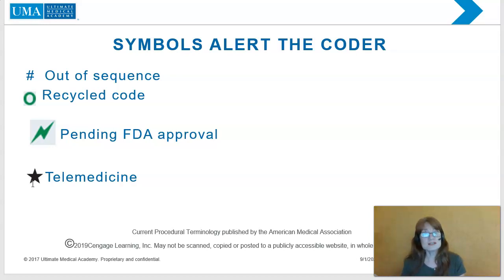That is next to any code that is a telemedicine code. Patients and doctors are now having their interactions over the phone or over the internet versus face-to-face in person in the office. And if that's the case, those codes that are approved telemedicine codes will have that star in front of them. Now here's a little commercial alert. With those telemedicine codes, we will always use a modifier 95 with that procedure code. But that's for another lecture.